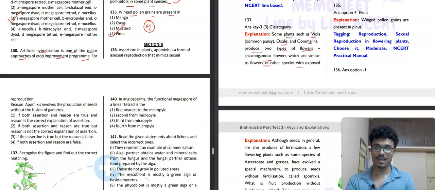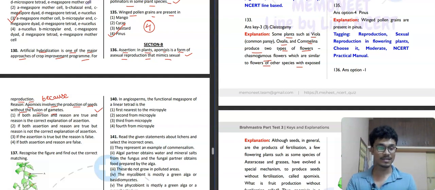Now let's solve this. Assertion: in plants, apomixis is a form of asexual reproduction that mimics sexual reproduction. Reason: apomixis involves the production of seeds without the fusion of gametes. Now you can see the assertion is correct and the reason is also correct. Let's reread it with a because: apomixis is a form of asexual reproduction that mimics sexual reproduction because apomixis involves the production of seeds without the fusion of gametes.